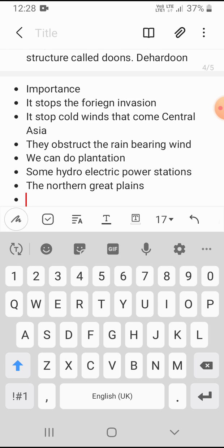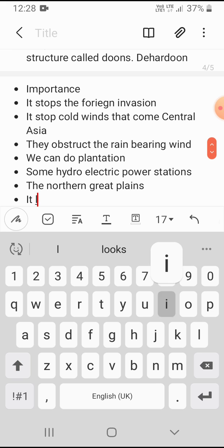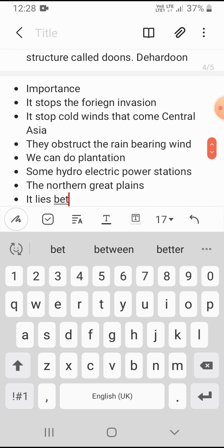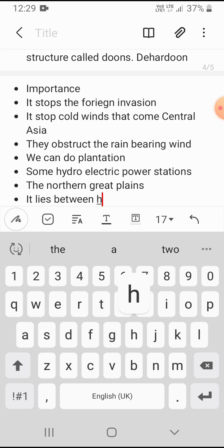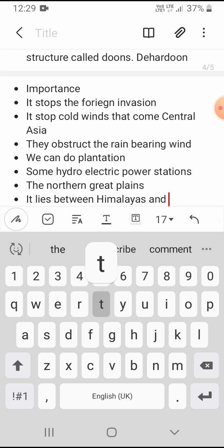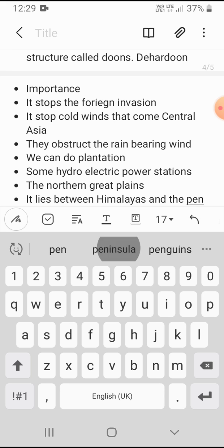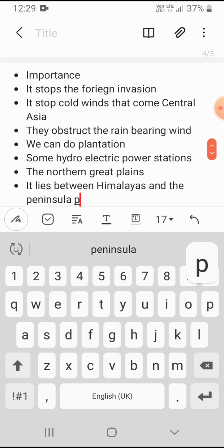It lies between the Himalayas and the Peninsular Plateau. The Himalayas, as you learned, run from Jammu Kashmir to Arunachal Pradesh, and down from that it will come.